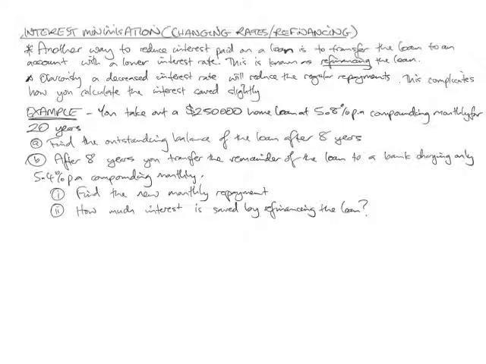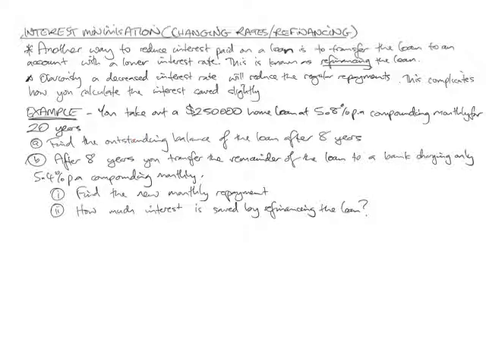Second step is, after the 8 years, you find a better interest rate from a different bank, so you transfer the remainder of the loan to a bank charging only 5.4% compounding monthly. So then you need to find the new monthly repayment and calculate in the end how much interest you're going to save compared to what you would have done to begin with by doing this refinancing.